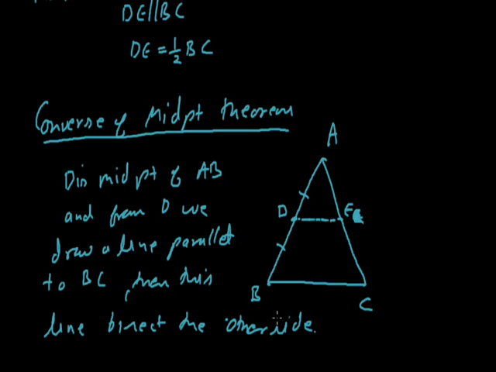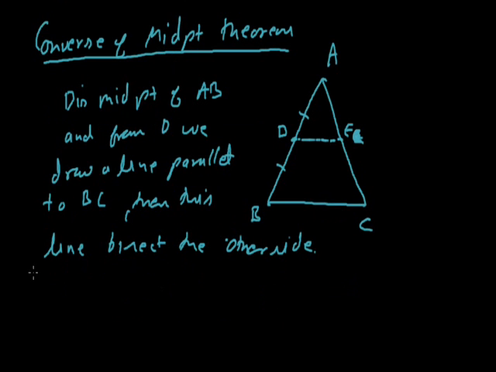That is, E is the midpoint of AC. That is our converse of the midpoint theorem. In the converse of the midpoint theorem, we have given D is the midpoint of AB, and from this midpoint we draw a line which is parallel to BC. So this line automatically intersects the other side at the midpoint only. So this is our midpoint theorem.